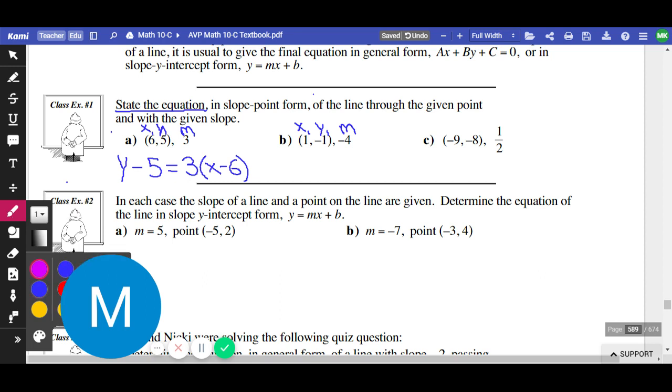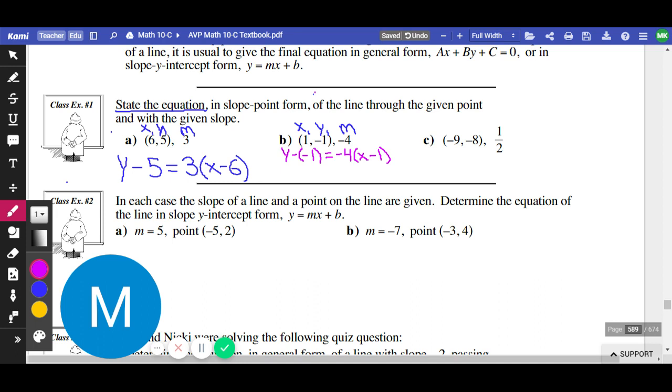You go y minus y1, so y minus, and y1 is negative 1, equals m, so negative 4, x minus positive 4. That's me just using the formula and substituting the numbers.